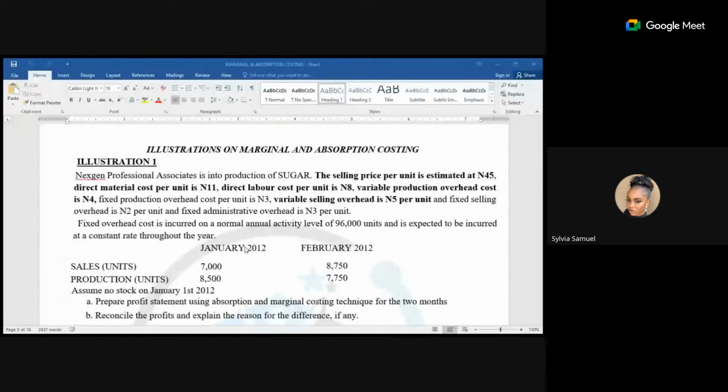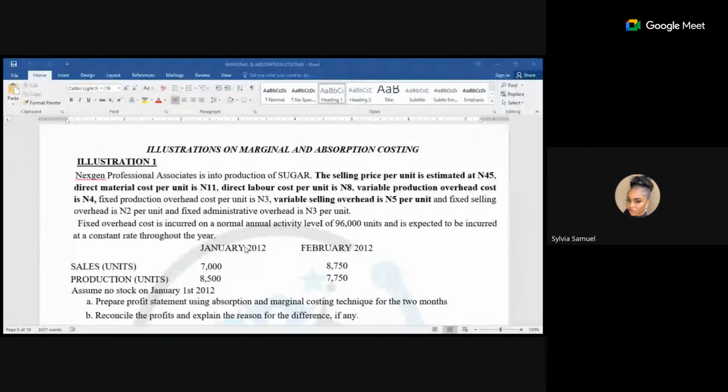And he went ahead to talk about the format compared to the marginal costing approach, where, when we're valuing the opening inventory, we just use the variable cost.